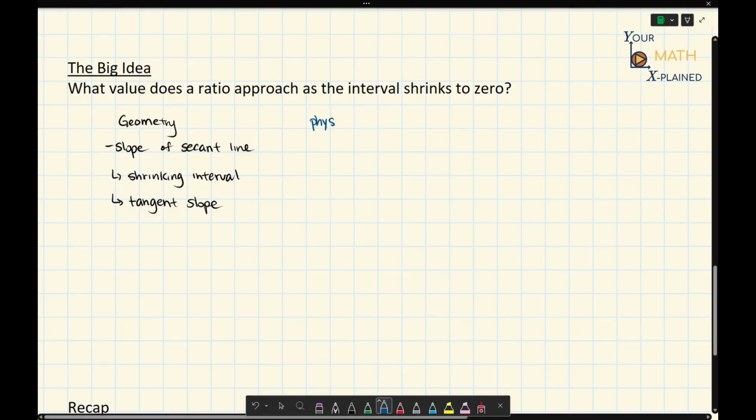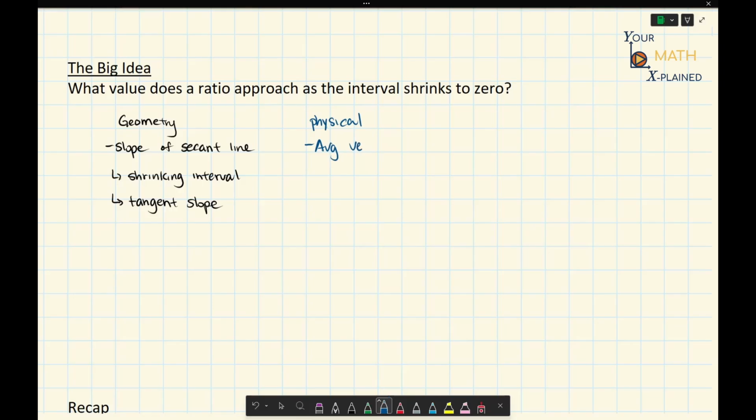Now in the second physical problem, we started with the average velocity, and what we did was we started shrinking the time interval. So we looked at shorter and shorter time until the 2 times overlap, and what we got is what we call the instantaneous velocity. And both of these problems reduce to the same question, which is what happens when the interval shrinks to 0.